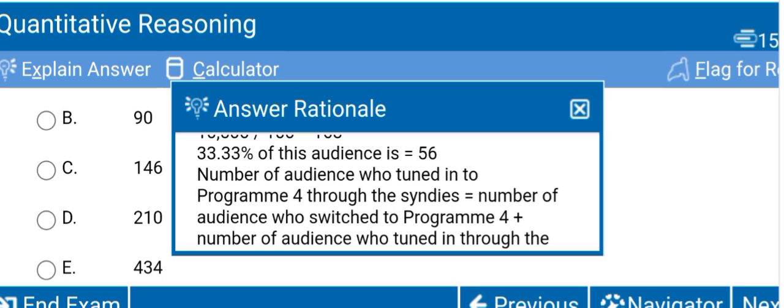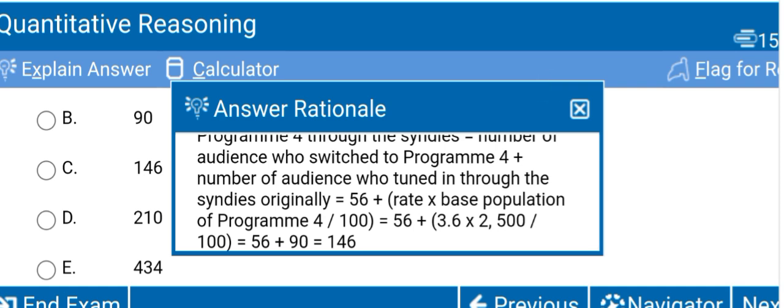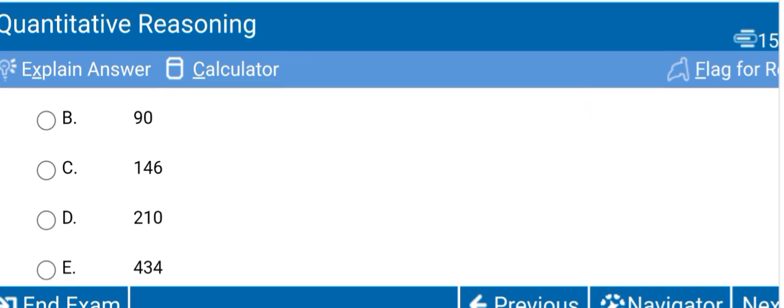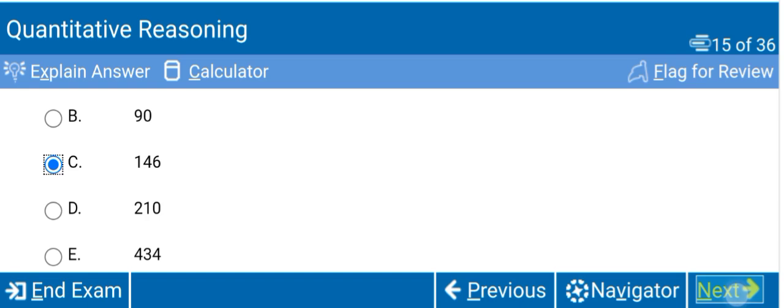Number of audience who tuned in to program 4 through the Cindy's equals number of audience who switched to program 4 plus number of audience who tuned in through the Cindy's originally equals 56 plus rate multiplied by base population of program 4 divided by 100 equals 56 plus 3.6 multiplied by 2,500 divided by 100 equals 56 plus 90, which equals 146, which is in the option C.